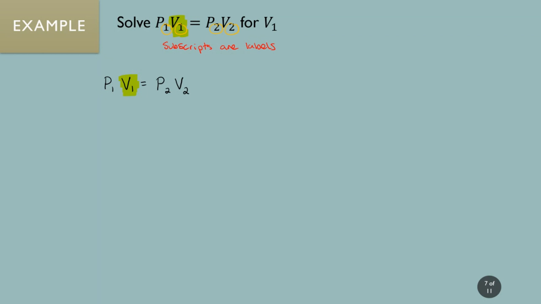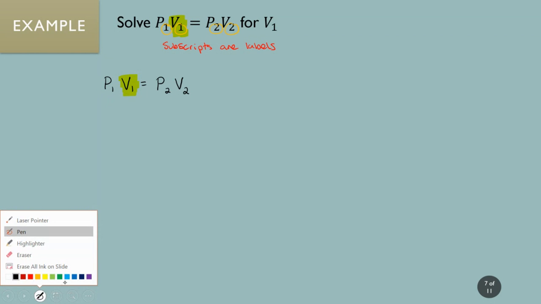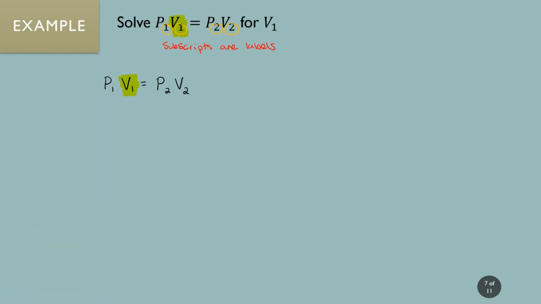What we have is a P1 in front of there, and we want to get rid of that. So that P1, V1, because there's no plus or minus in between those, that's assumed to be multiplication. So we want to divide both sides by P1 in order to get rid of it.